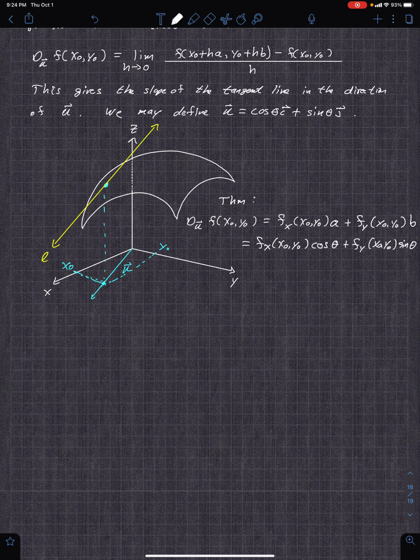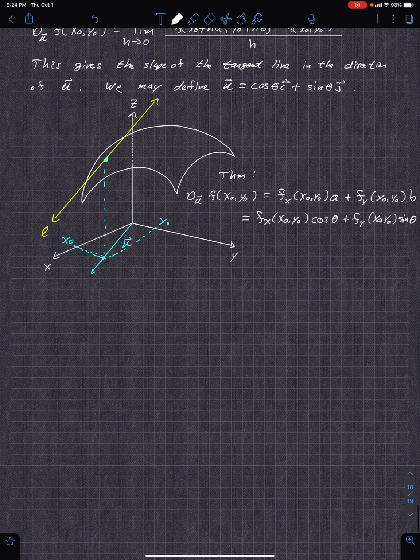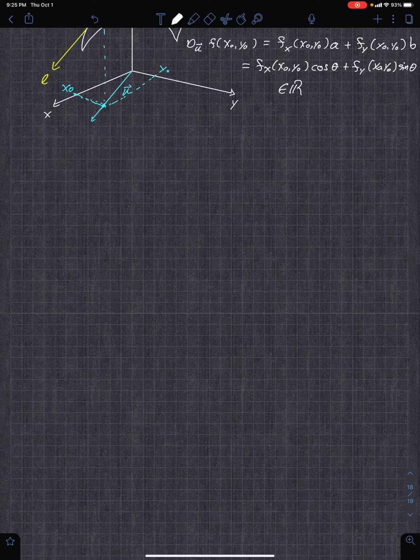Depending on which one is given. So remember, that's a quantity. It's just the slope of the tangent line when you evaluate that. This is in the reals. That whole thing, once you evaluate it, is a number. It's a real number, like 5 or 2 or -3. Okay, let's look at an example.